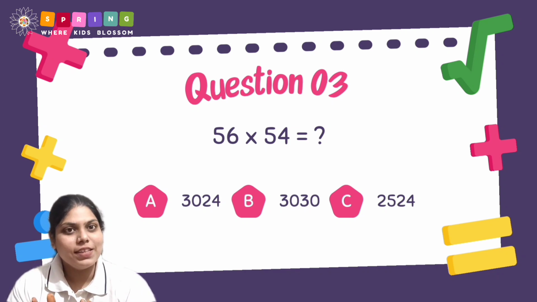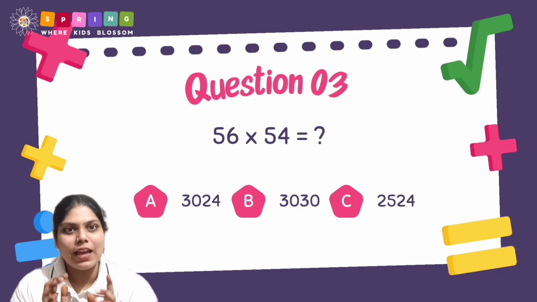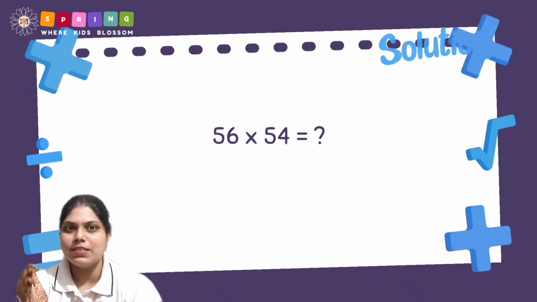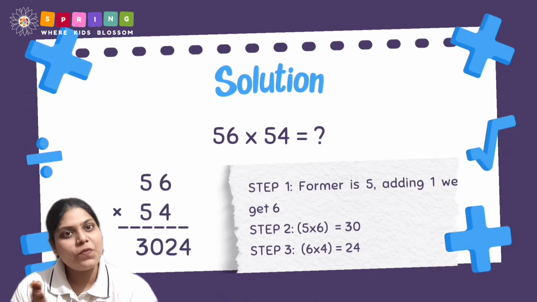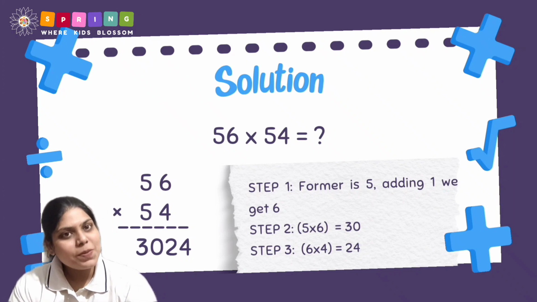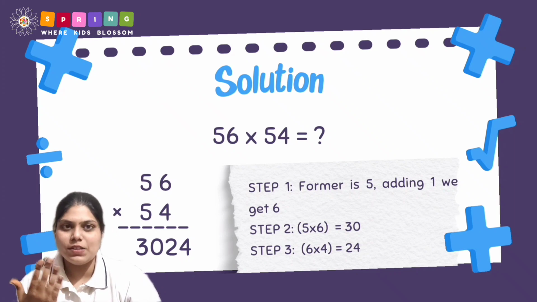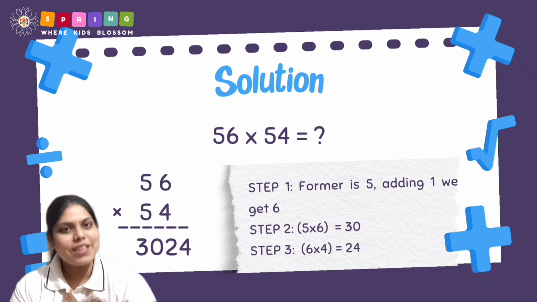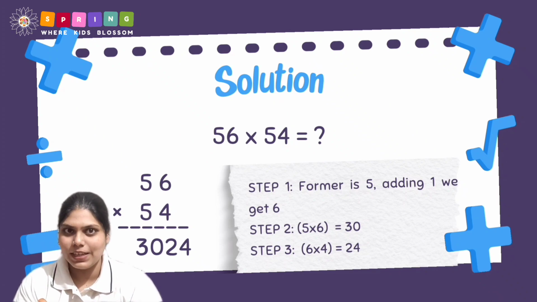Now let us talk about one question, which is to multiply 56 into 54. We will multiply this using the same method that I explained to you. Take the former number, that is 5. When you do 5 plus 1, you get 6. Now let us multiply the former number, that is 5, with the number 6. So 5 into 6 is 30.